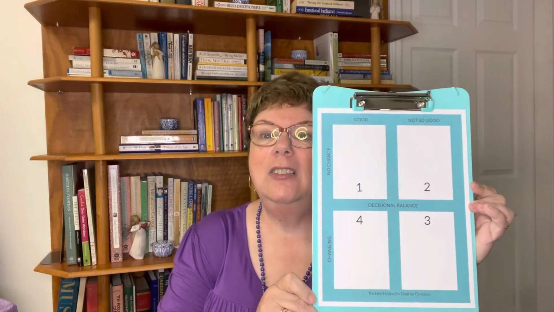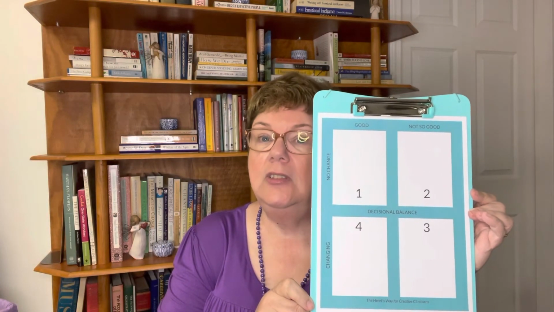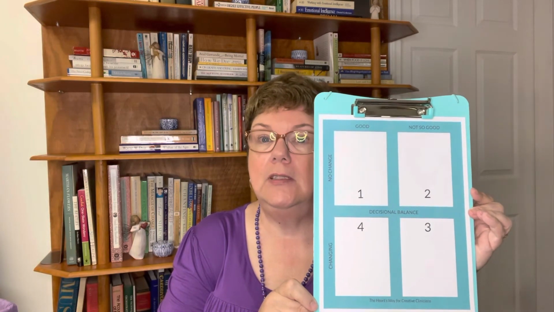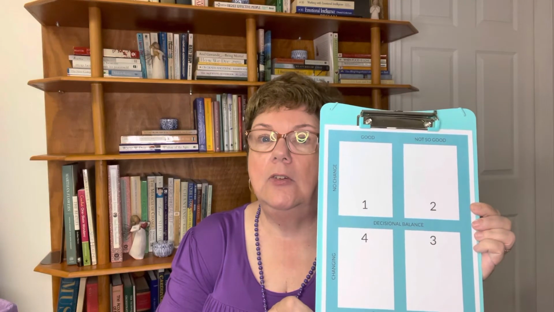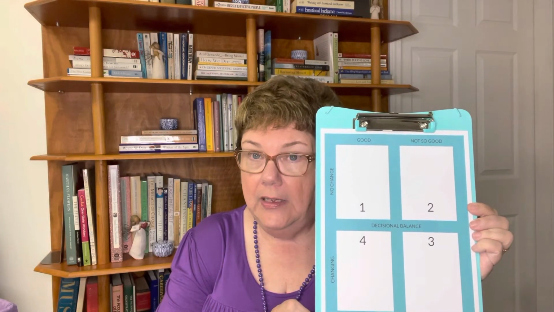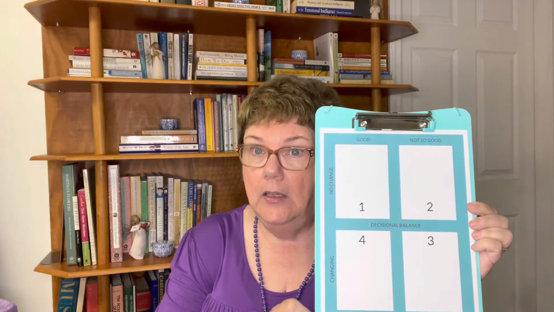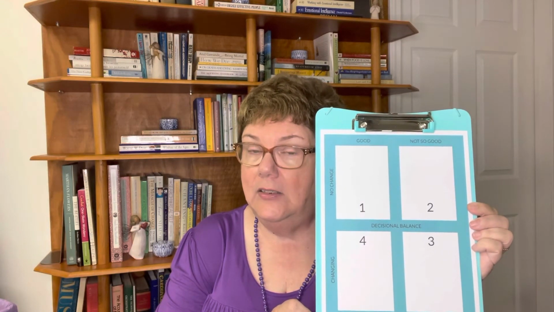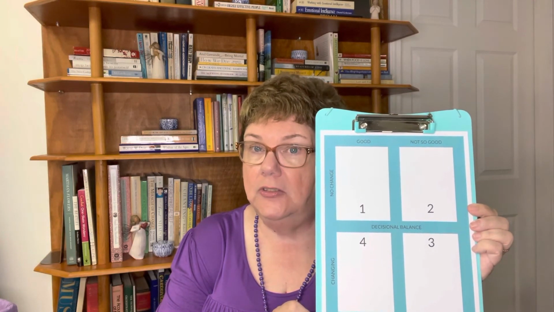And so I brought along an illustration for you to see. This is called a decisional balance matrix. In this, we look at questions in regards to the problem or issue that they're having, or the things that they are considering to make a change.